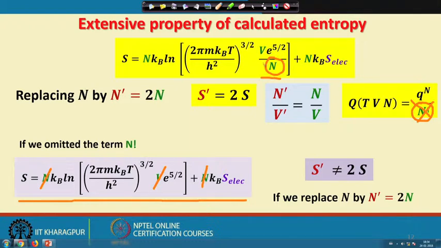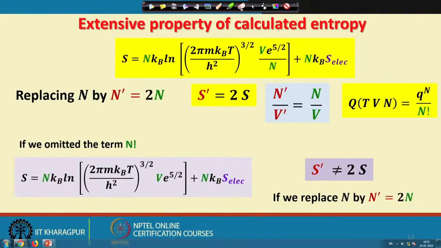Therefore, we have made everything correct by incorporating this term N factorial here, which in turn was introduced in this picture by the famous scientist Gibbs, who pointed out that unless you have this factorial N, you are not going to get the correct thermodynamic properties.